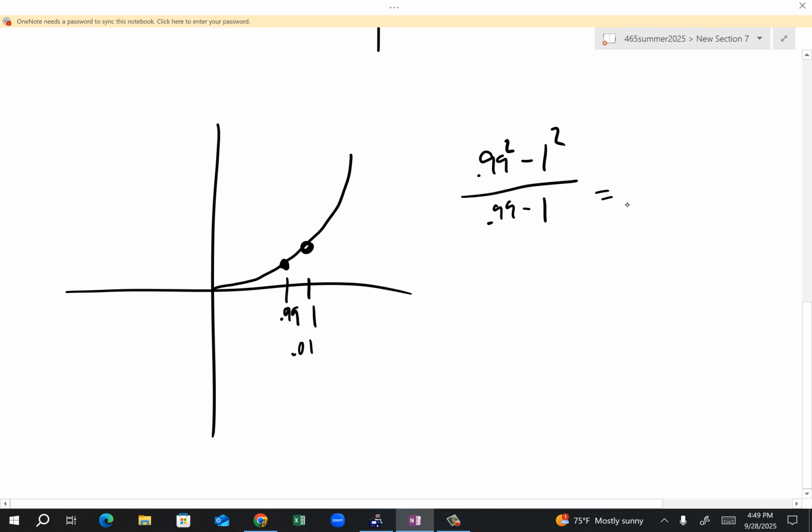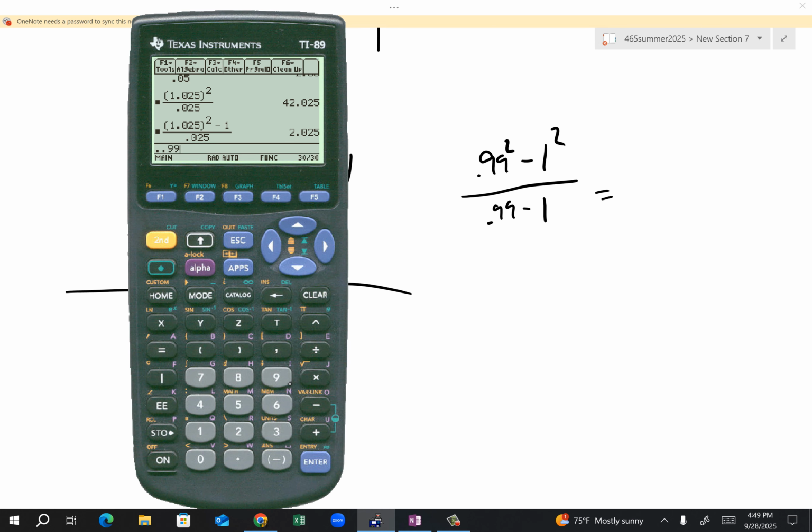So that's going to be negative on top, 0.99 squared minus 1, divided by negative 0.01. It's almost 2 again. That's right.